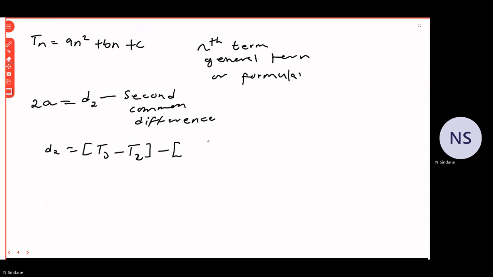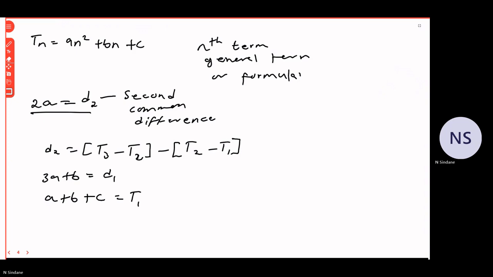And then 2a is equal to d2, then 3a plus b is equal to d1, right? And then a plus b plus c is equal to your t1, which is your first term, not your first difference, but your first term, right? Now d2 is equal to this, right?